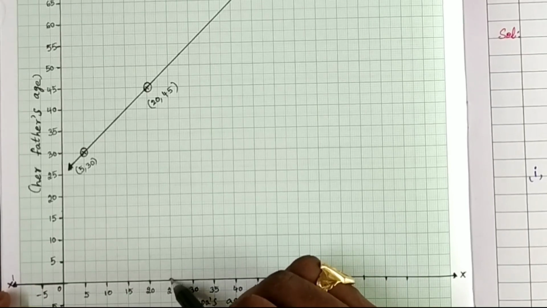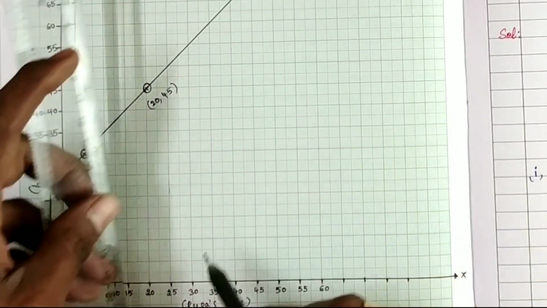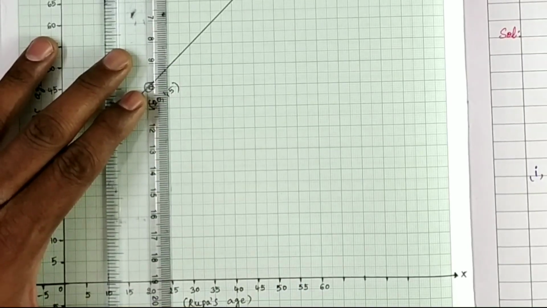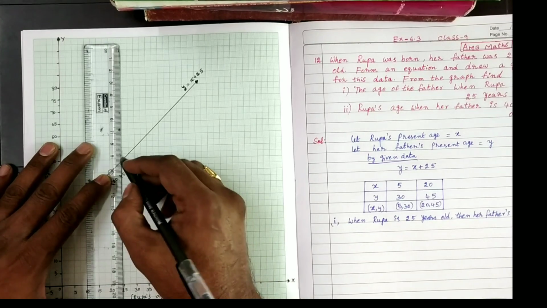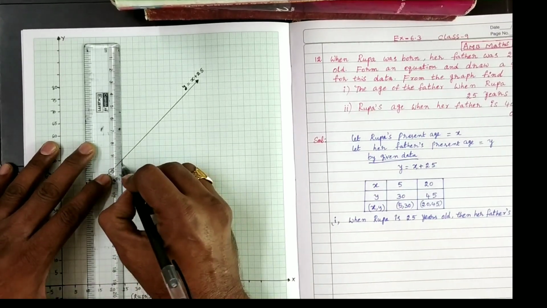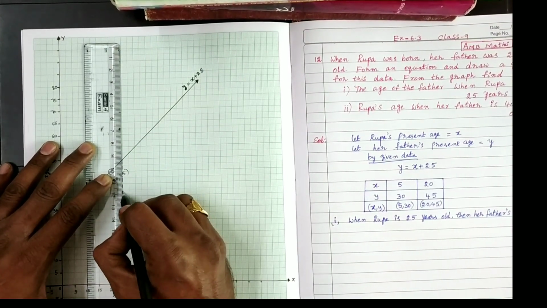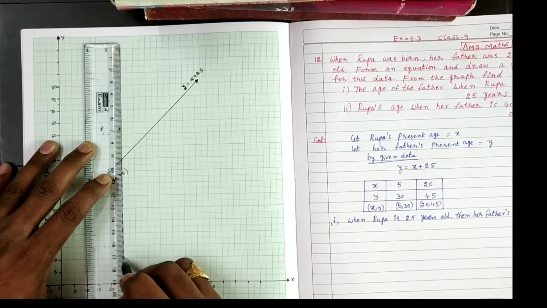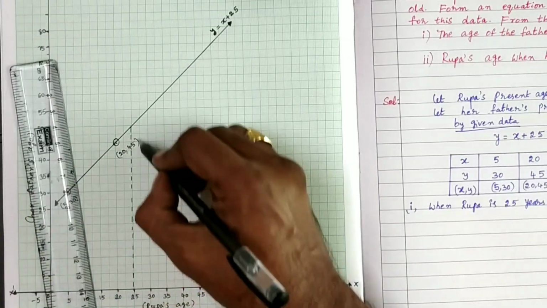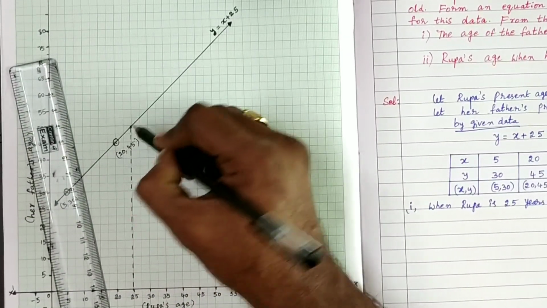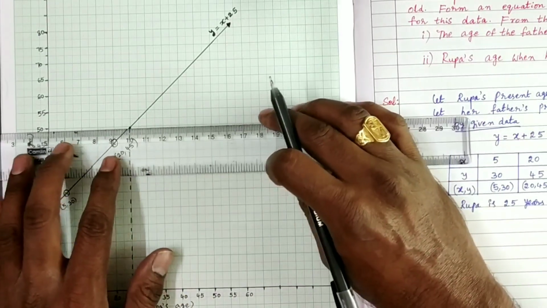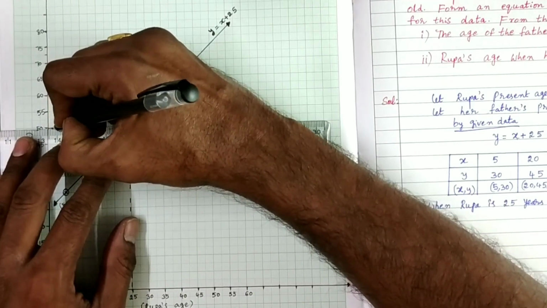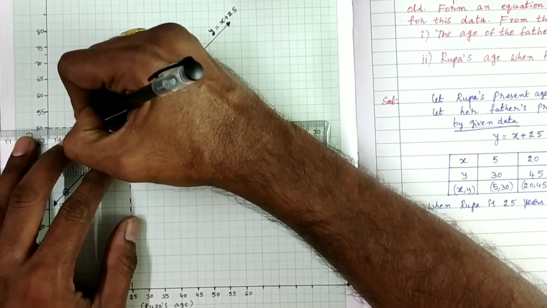When Rupa's age is 25 years, draw a perpendicular line to the given graph and take dotted lines. Then from this point draw a perpendicular line to the y-axis, with dotted lines.